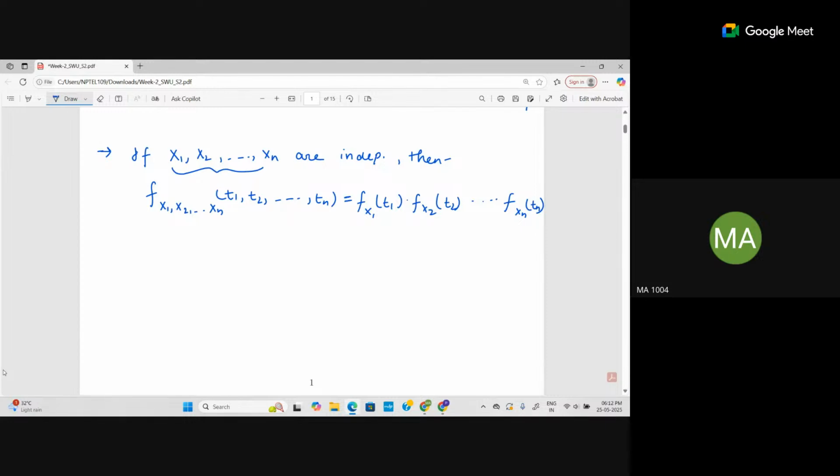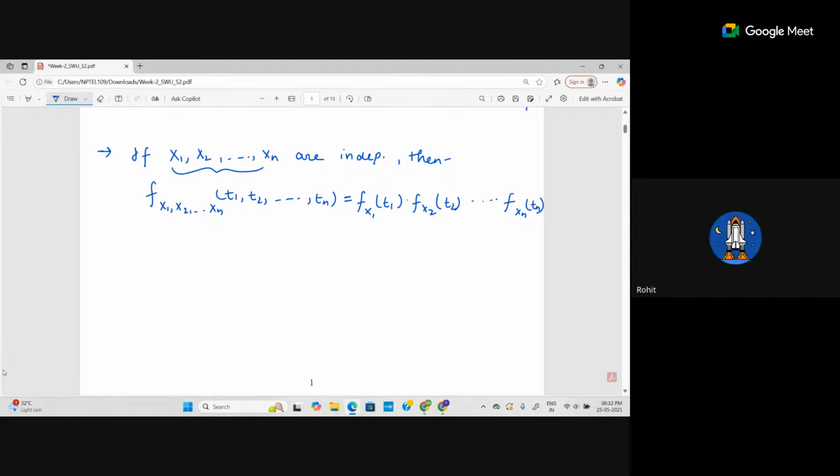But if you are saying that x1, x2 are independent of each other and you merge them all, then we cannot say that all the random variables will be independent. Are you getting my point?